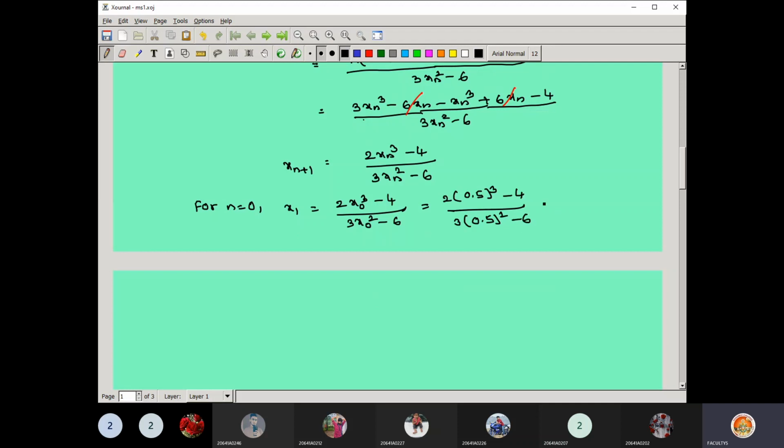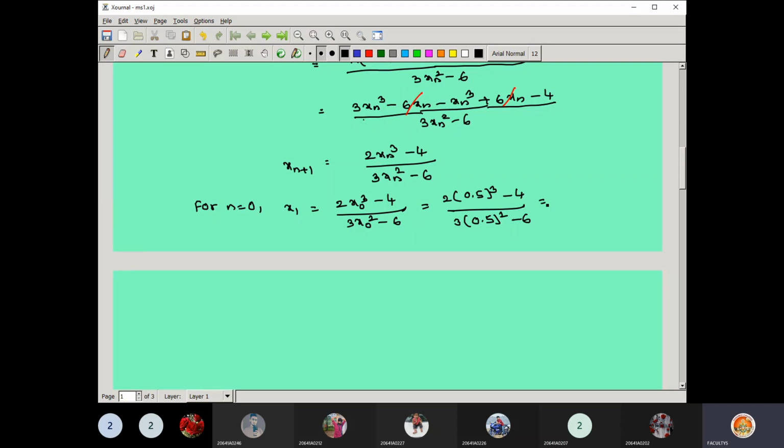Now you can open your calculator. Divided by button is there. Better you can use divided by button 2 and directly you can write your bracket 0.5 and its power button cube and minus 4. Total it is divided by 3 bracket value 0.5 bracket close.